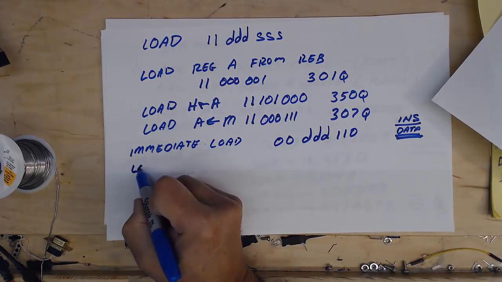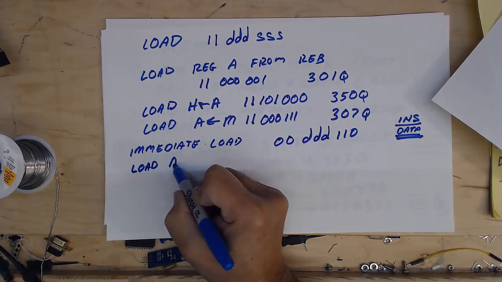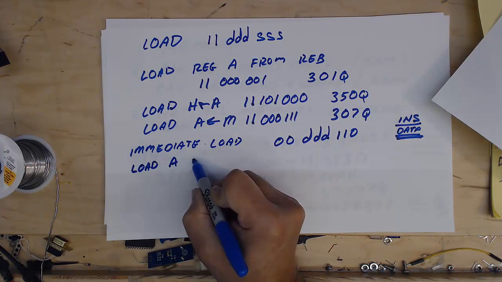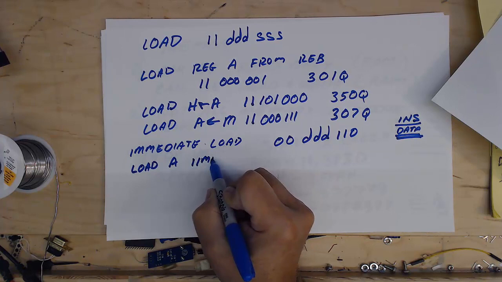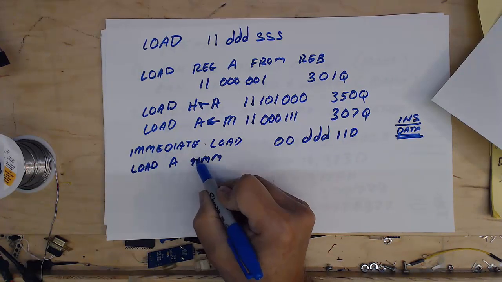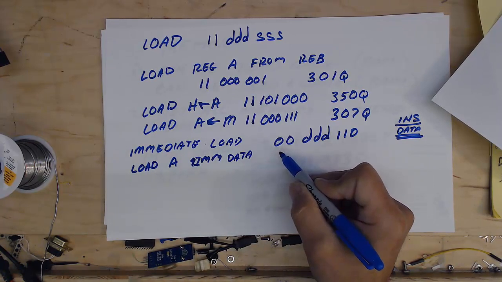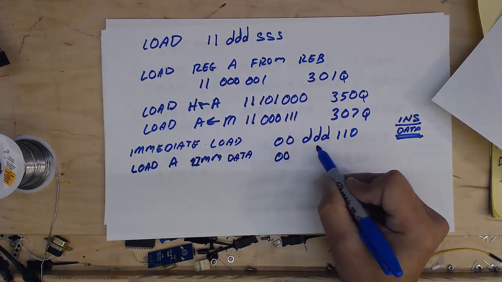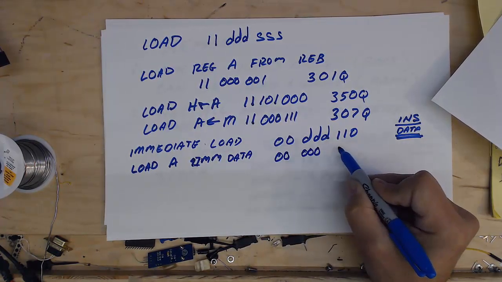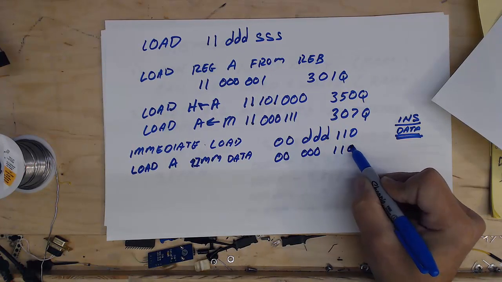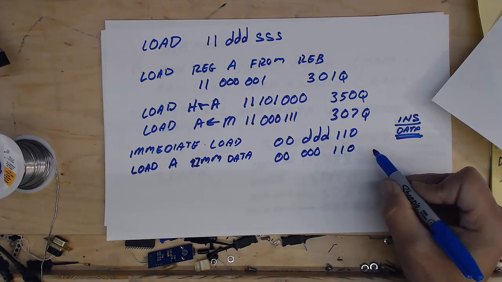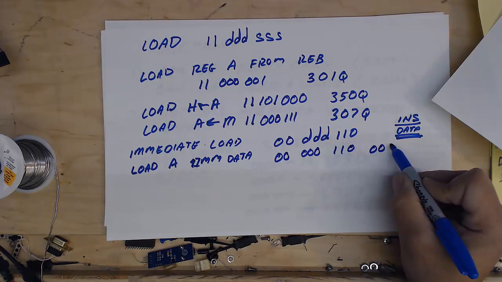Okay, so if we load A from the immediate data, that's going to look like 0, 0. A is 0, 0, 0, and 1, 1, 0 is our immediate. And so this is going to look like 0, 0, 6.